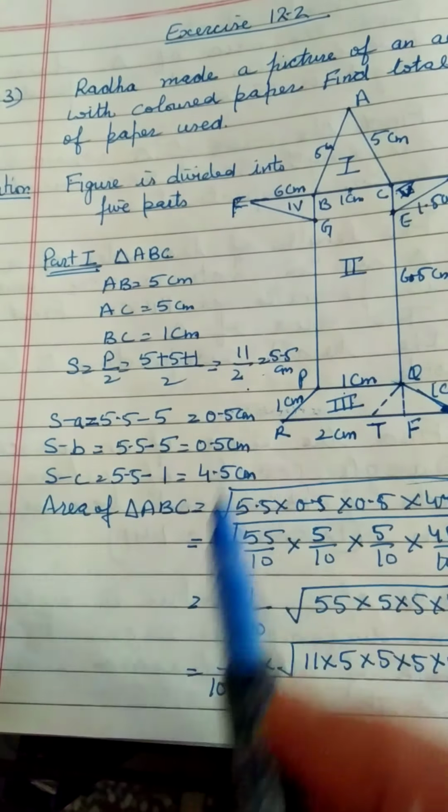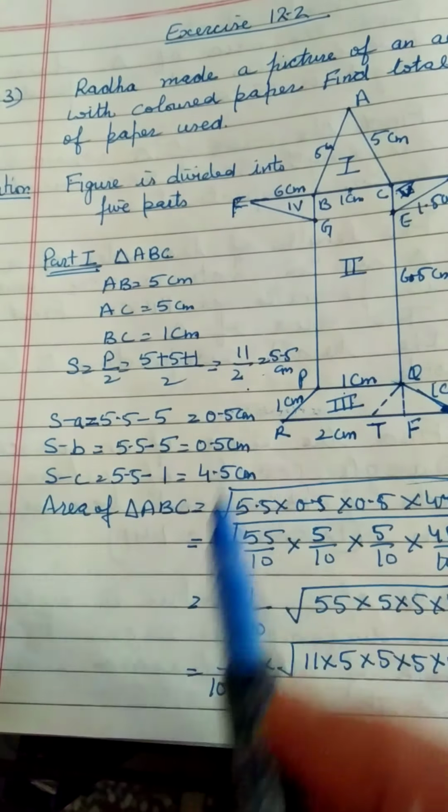Area of triangle QTS: QT is equal to 1 centimeter, QS is equal to 1 centimeter. It is given from here because these are the sides of parallelogram. QS is also 1 centimeter and TS is equal to 2 minus 1, that is 1 centimeter.